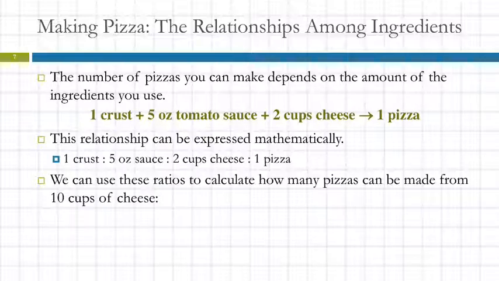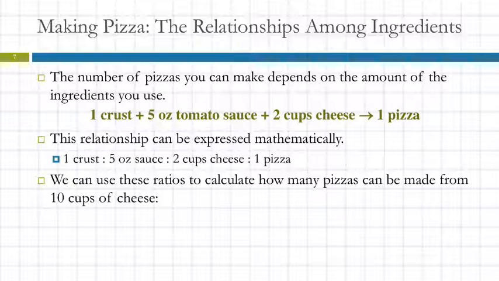The amount of pizzas that we can make is going to depend on how much ingredients we have, right? And the relationship is given by the recipe or by this chemical equation. So there's 1 crust for every 5 ounces of sauce, for every 2 cups of cheese, for every 1 pizza. There are ratios in this recipe.